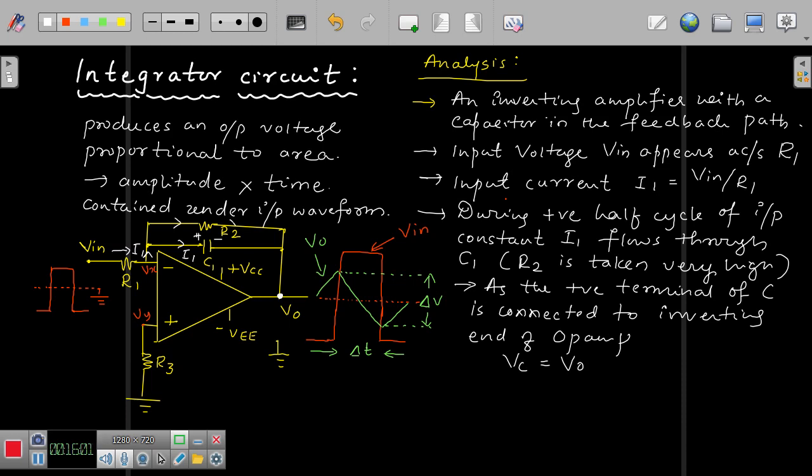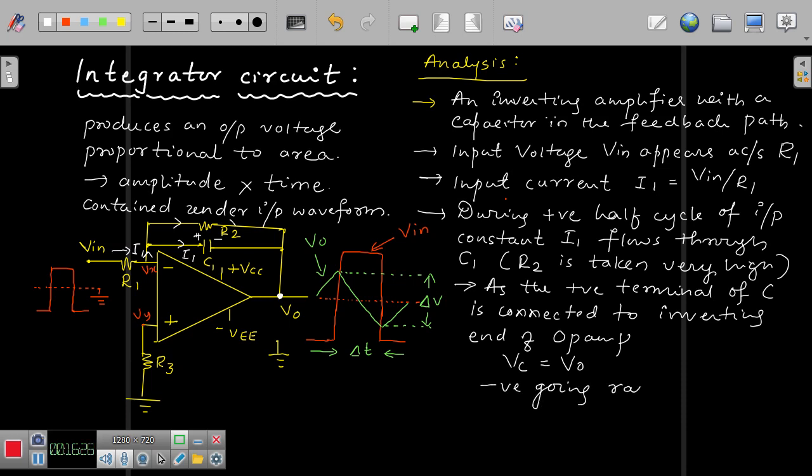As far as magnitude is concerned, it is V naught, right? Now as the input current I1 is constant, the capacitor will be charging in a linear way, and the output across the capacitor will be a negative going ramp, correct or not?